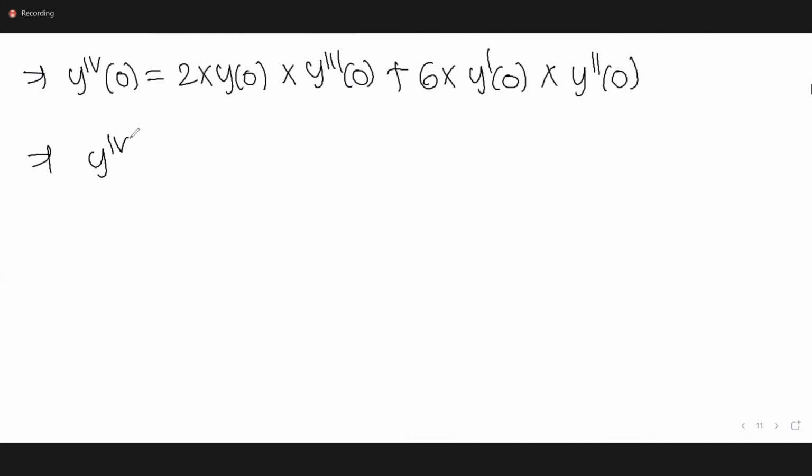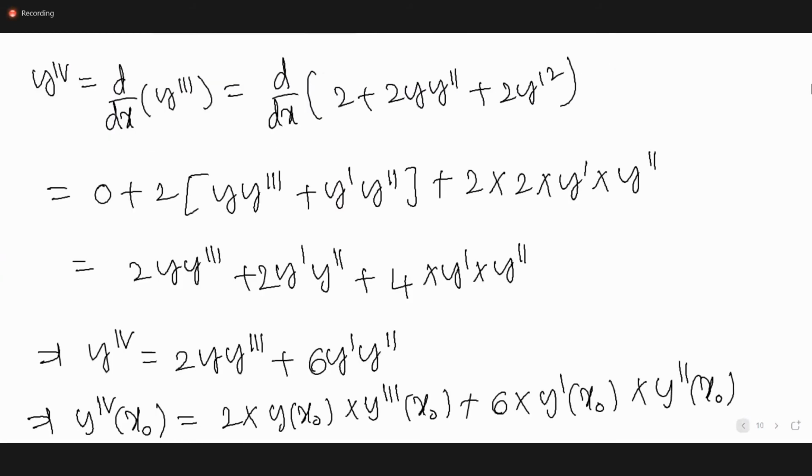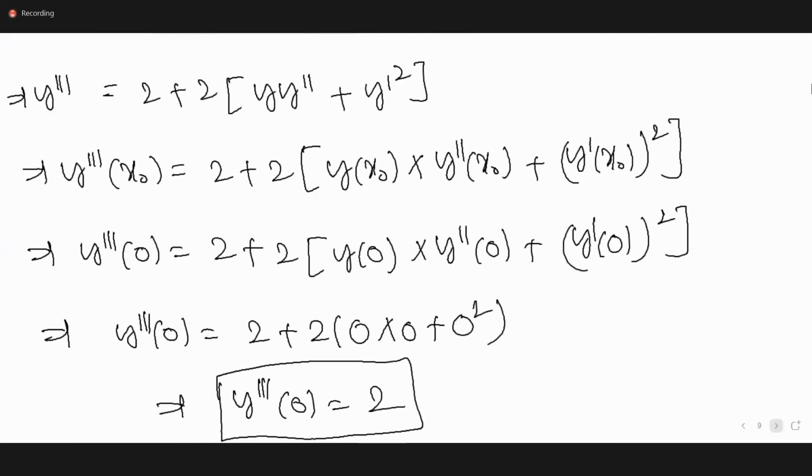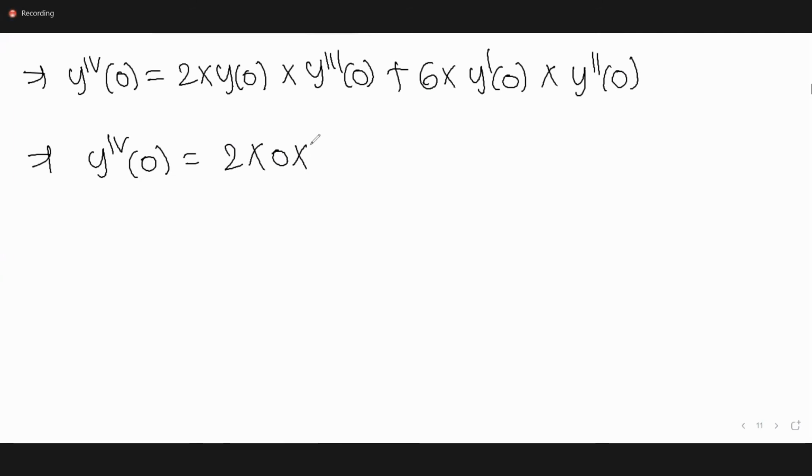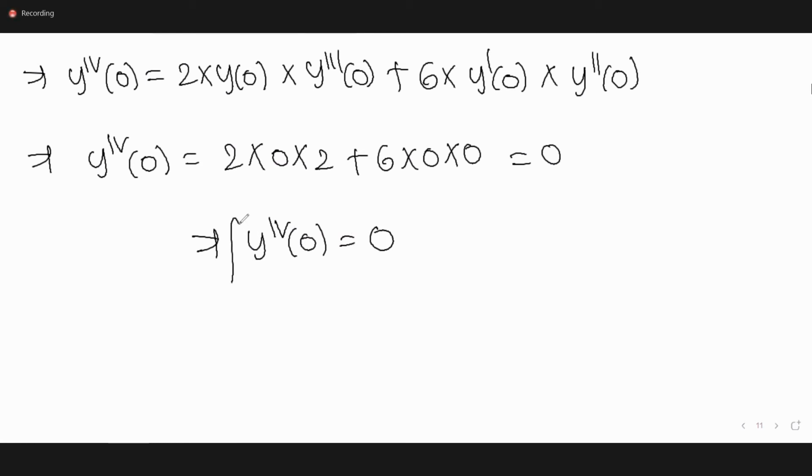So y fourth derivative of 0 is equal to 2 into 0 into y triple dash of 0, plus 6 into 0 into y double dash of 0, which is 0. So the fourth derivative is 0 at x is equal to x naught. So we find derivatives up to fourth order.